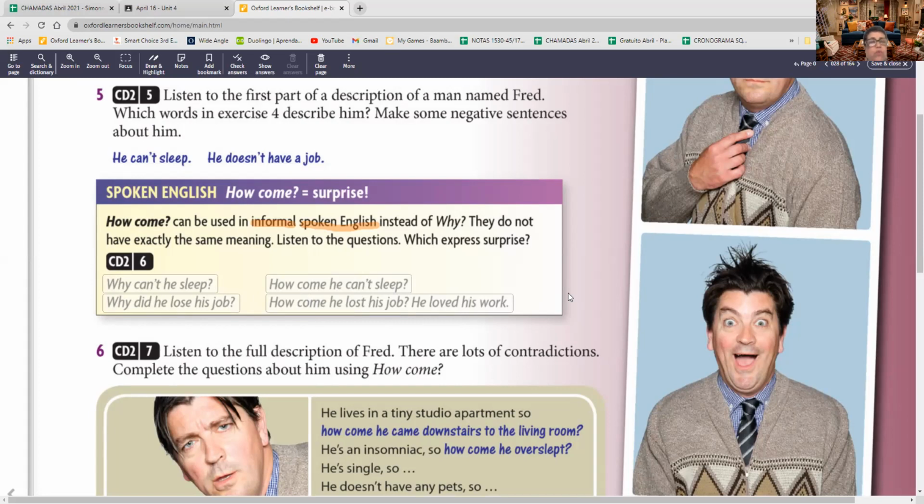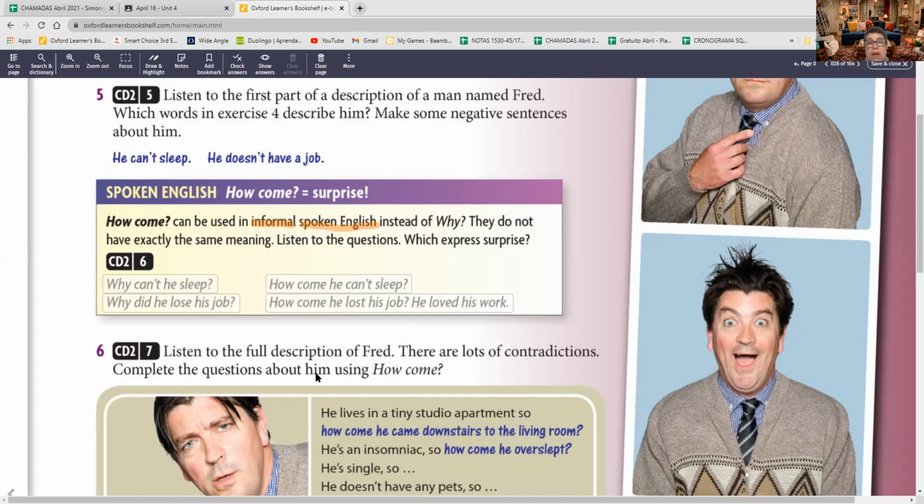Okay, so suppose I'm a psychologist, and I'm talking to his best friend, not to Fred, but to his best friend. And his best friend is describing Fred. He's saying, oh, I have this friend. His name is Fred. He thinks he's an insomniac because he doesn't sleep properly.